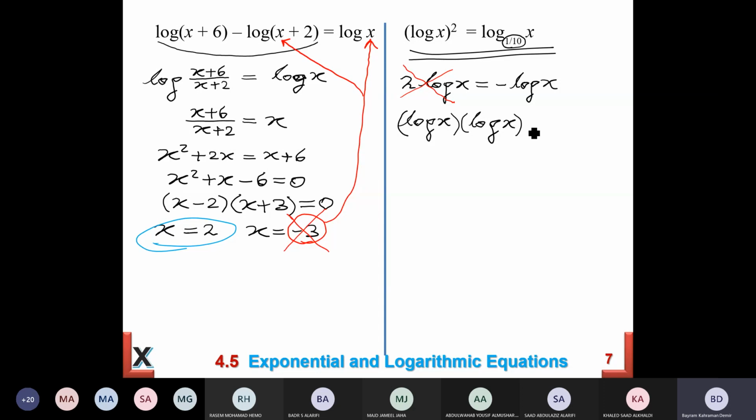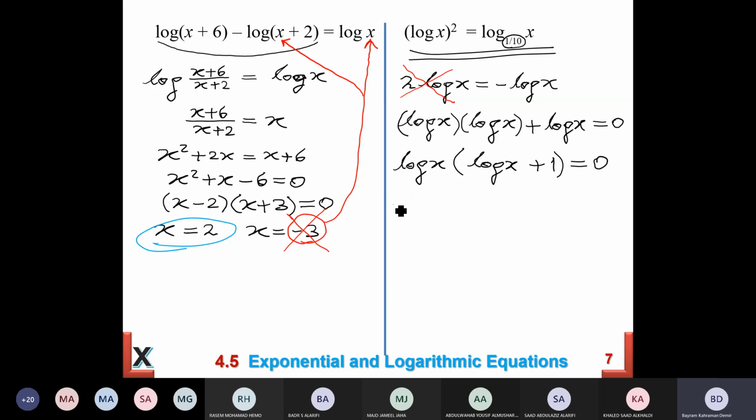I'm going to move it to this side, so it's going to be plus logarithm of x equals 0. Now logarithm of x is a common factor here. Logarithm of x, open bracket, logarithm of x plus 1 equals 0. Perfect.